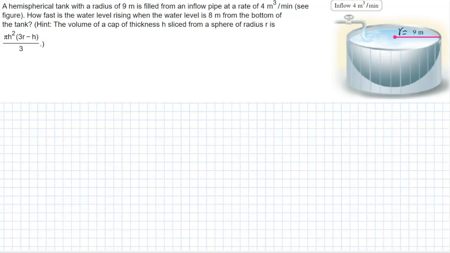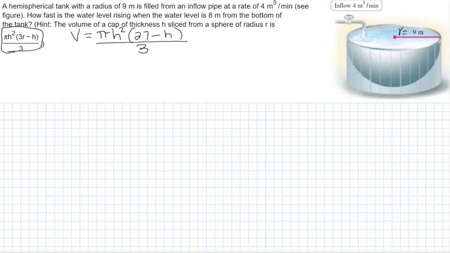So the first thing you should be thinking in this problem is, when they give you the volume equation, you say, okay, R is 9. So the equation we're working with is V equals pi h squared times 27 minus h, all divided by 3, and 27 because R is 9.